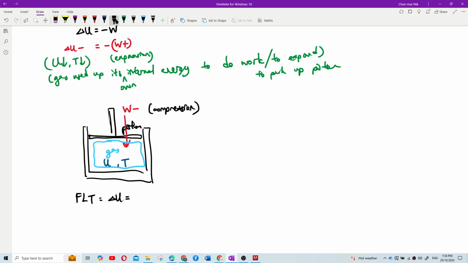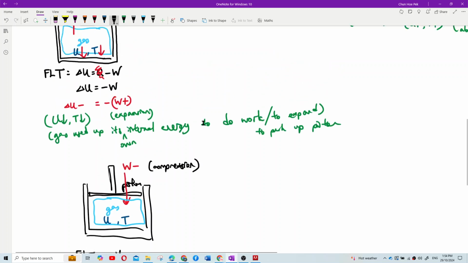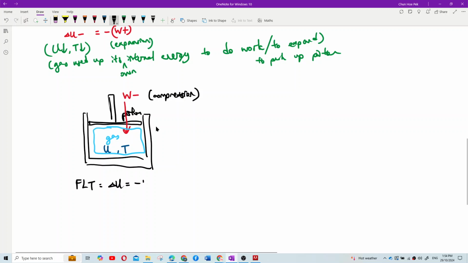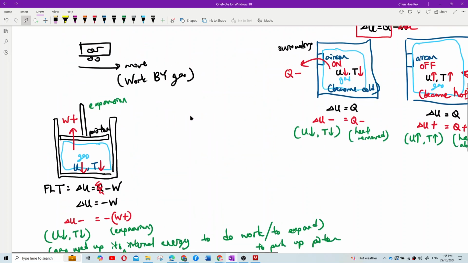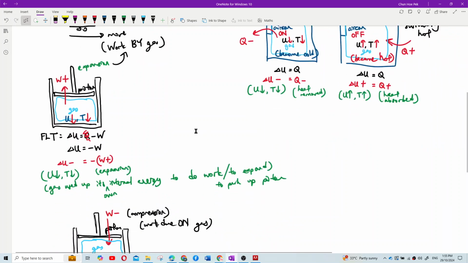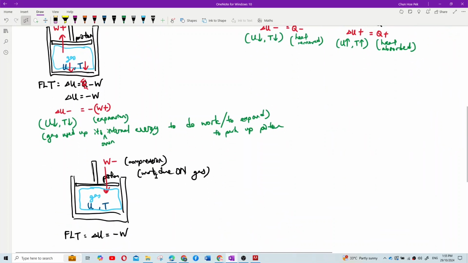Delta U equal to Q minus W. Q itu saya abaikan, saya hanya nak tengok W saja, nak tengok work done saja. Kalau compression, work done negative, this is considered work done on gas. Just now is expansion, work done by gas. Compression is work done on gas.